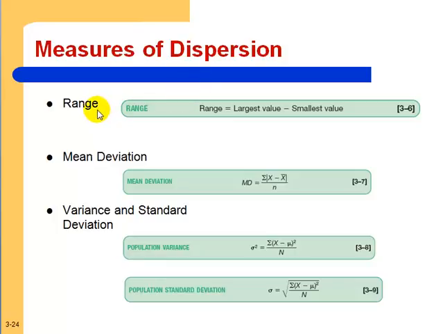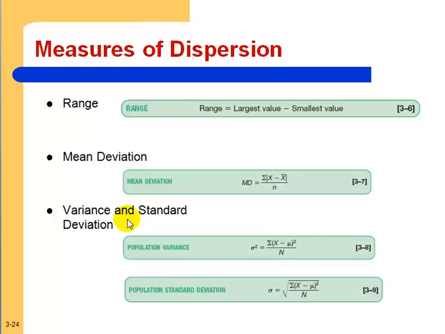Range only considers the two values of the group of data, so that's the weakness of the range. The variance and the standard deviation overcome this weakness. Both variance and standard deviation consider the deviation from the mean.